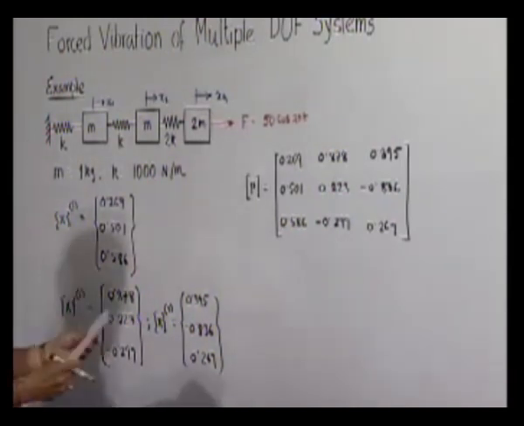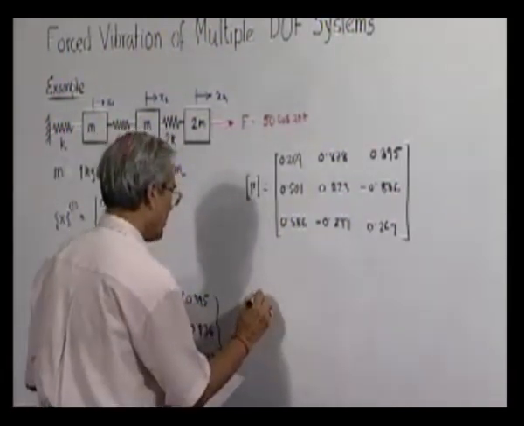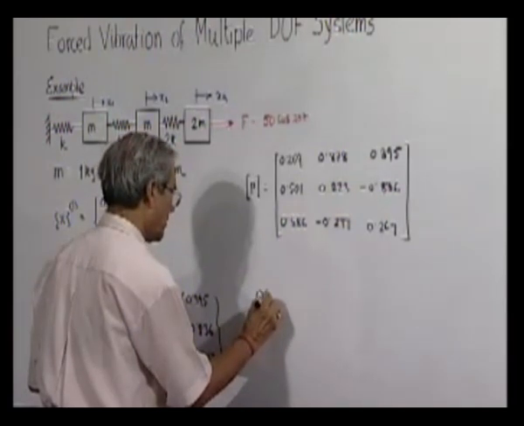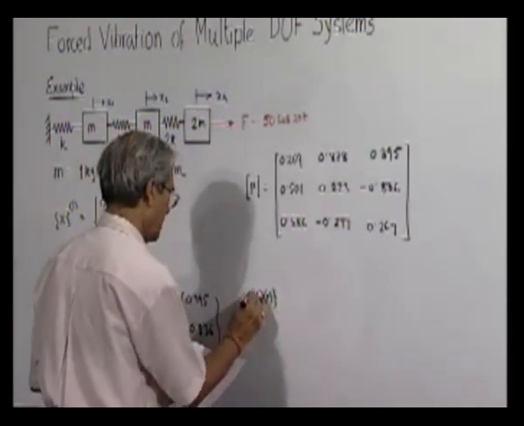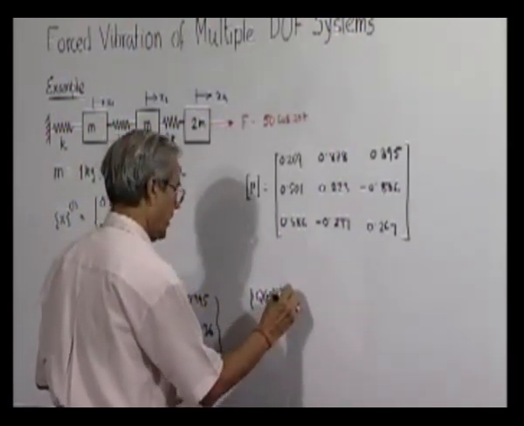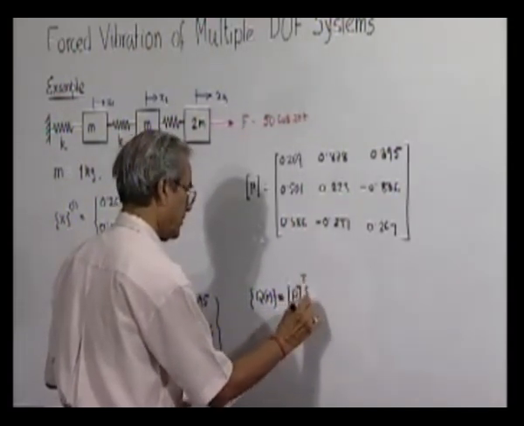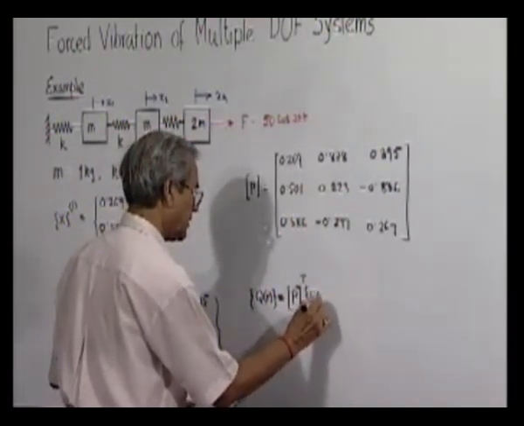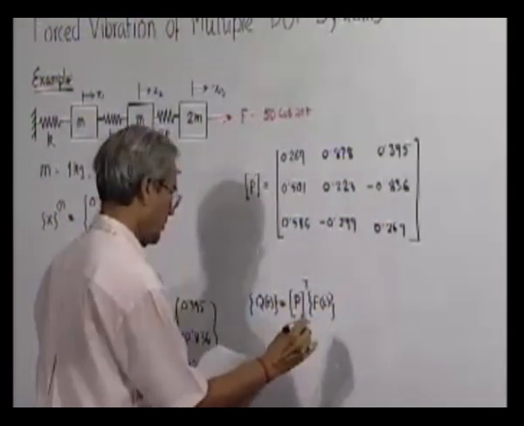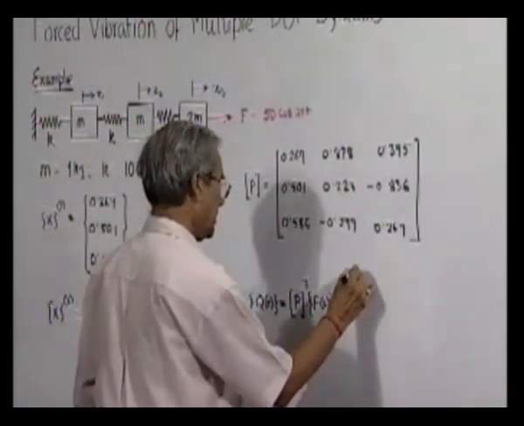So now therefore Qt will be also found out by pre-multiplying the forcing matrix, which is nothing but this.